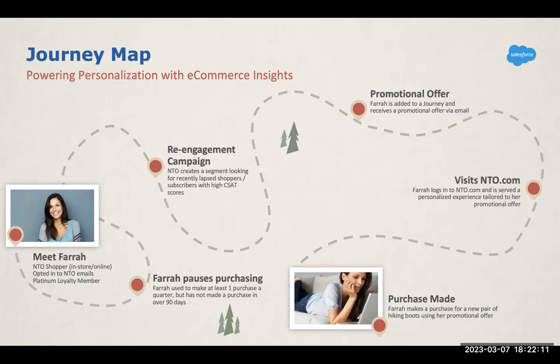As a marketer, you're going to re-engage with a campaign. You can create a segment looking for recently lapsed shoppers, subscribers with high CSAT scores. Farah has a high CSAT score, and she is lapsed and hasn't visited our website in the last 90 days or 30 days.